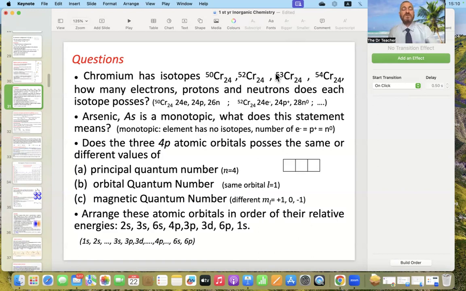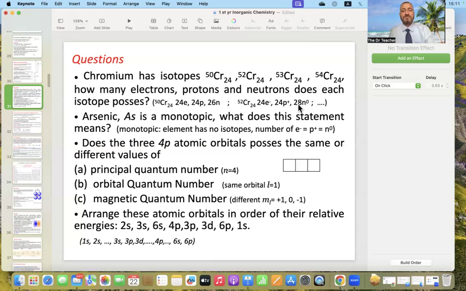Now we come to the neutrons. Here we have to deduct: 50 minus 24 leaves 26 neutrons here, 28 neutrons here, 29 neutrons here, and here 30 neutrons, and 0 charge.